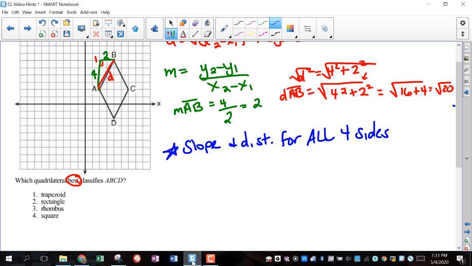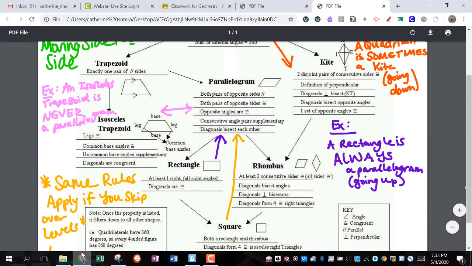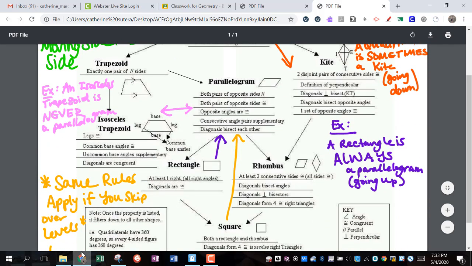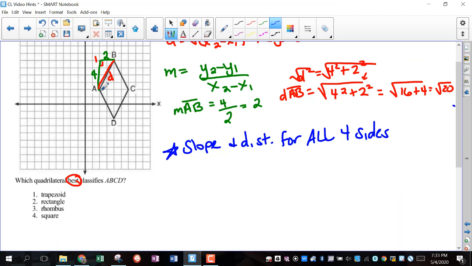If it's a rectangle, well, we know rectangles. Here it says at least one right angle, and diagonals are congruent. But truly, you don't even have to check the diagonals. I would check the right angles. You would notice if you have right angles, if you have negative reciprocal slopes.